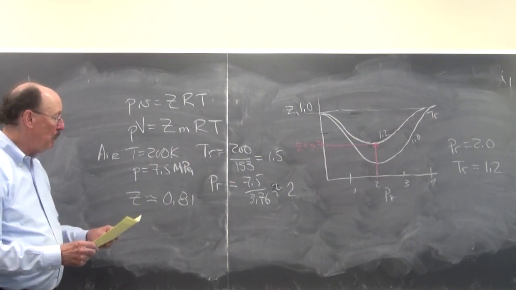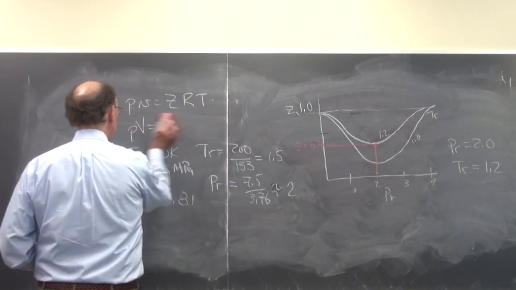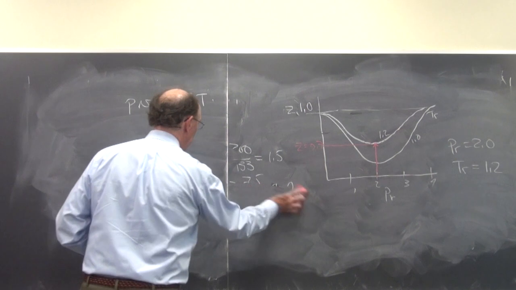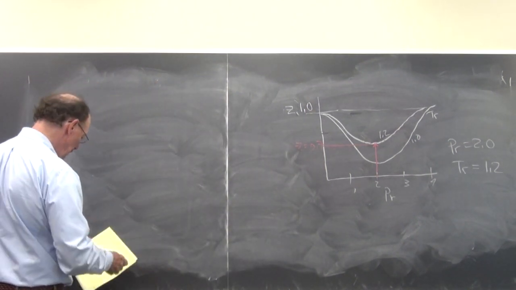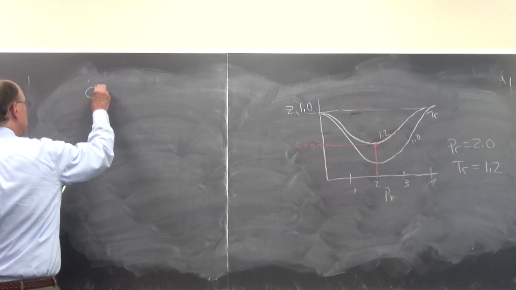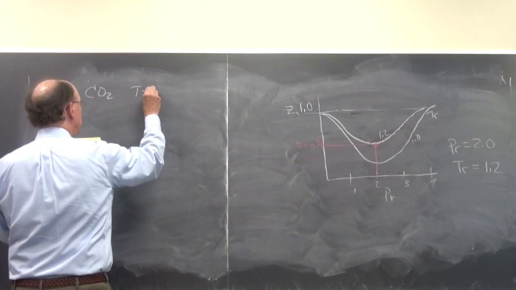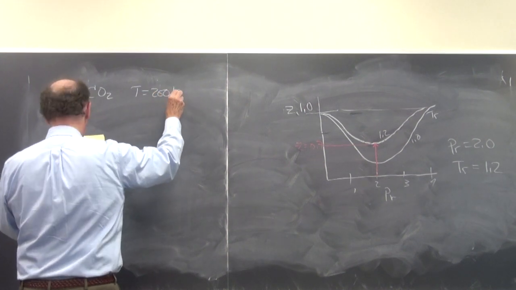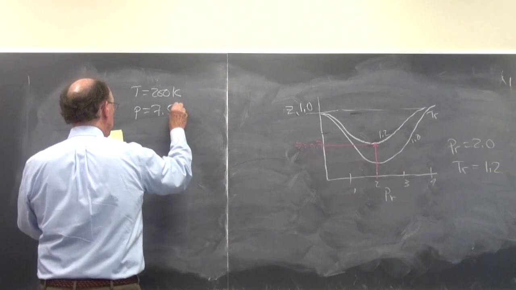Now let's look at carbon dioxide. I'll do the same condition. CO2, I'll have T is equal to 200 K, P is equal to 7.5 MPa.